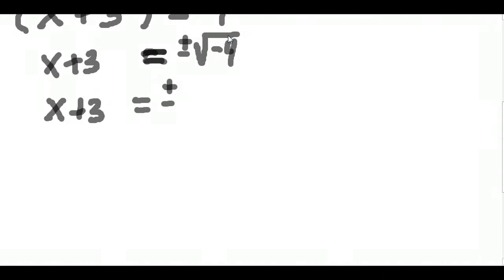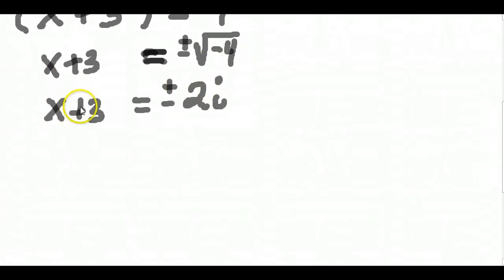And can you take the square root of that? Yes, so you have x plus 3 equals plus or minus 2i. If you take out the i, you can write it as 2i, because that plus or minus is in front of everything. So it's plus or minus 2i, which is the same thing as square root of negative 4.